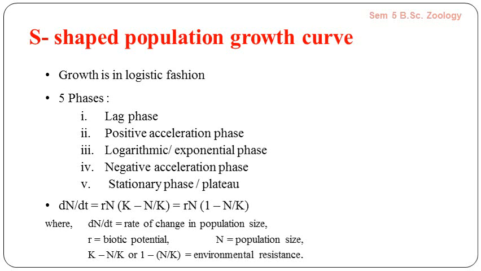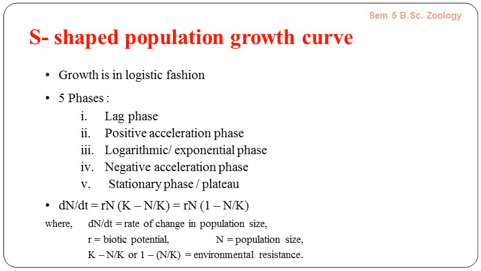Now, the S-shaped curve is also called the logistic curve, and it was described by the ecologist Verhulst in 1839.